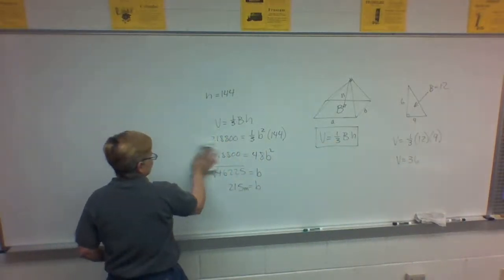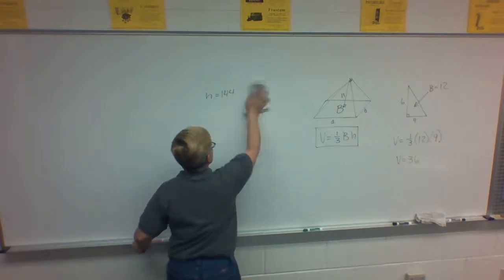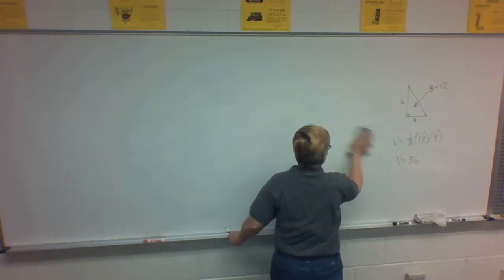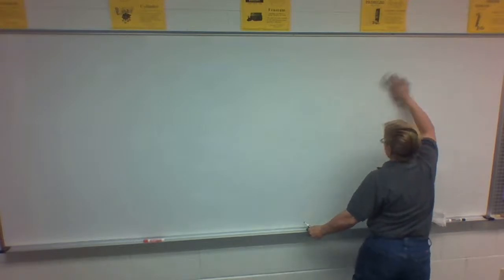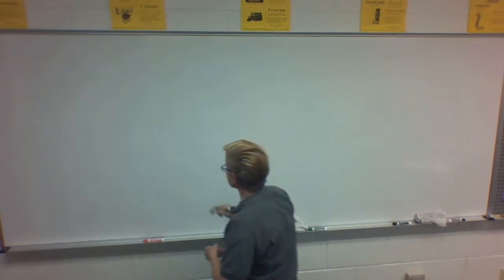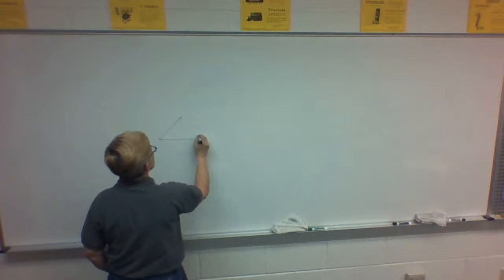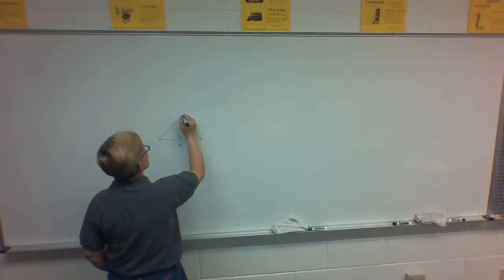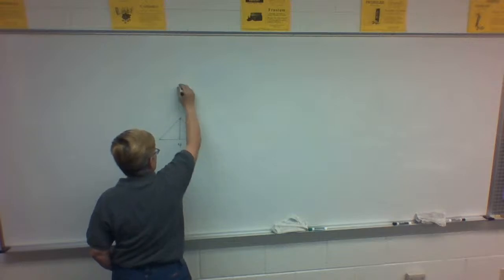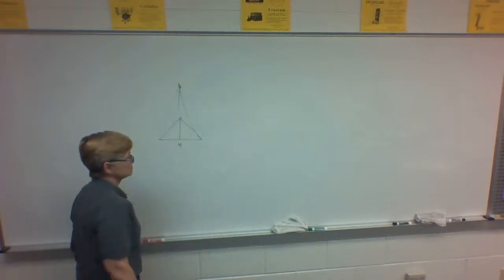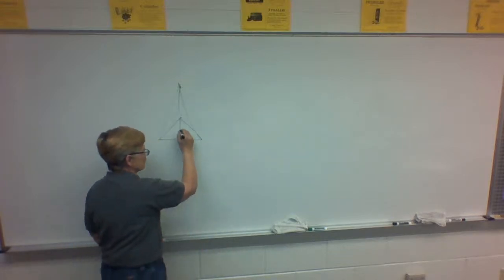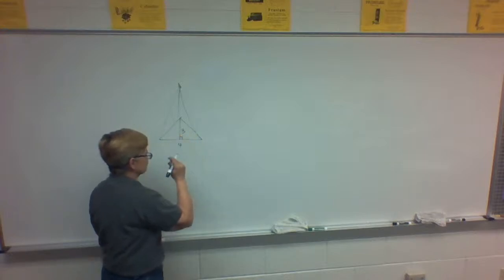So we have a triangular base this time. Hang in there. This is going to be hard to draw, but the triangular base is like this, where this is 4 and this is 3, and then it's going to come down like that. That's going to be our pyramid. I hope you can kind of tell what that is. This is 4 and this is 3, and they are perpendicular.